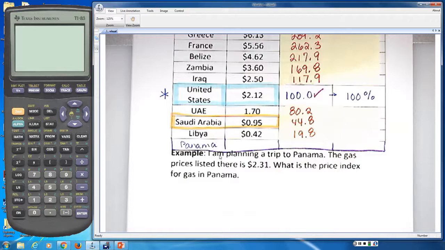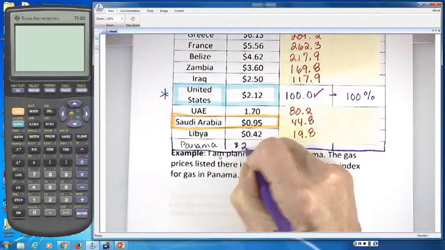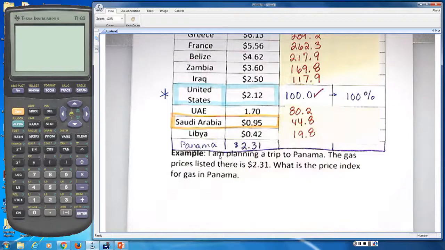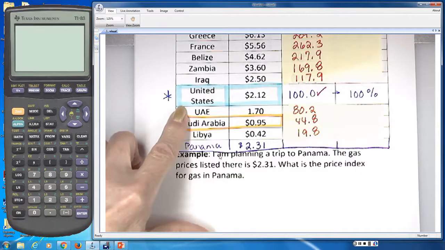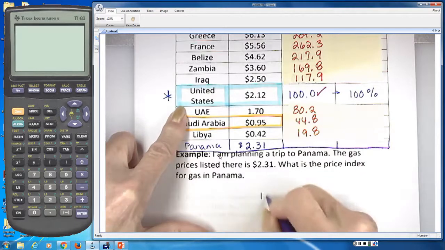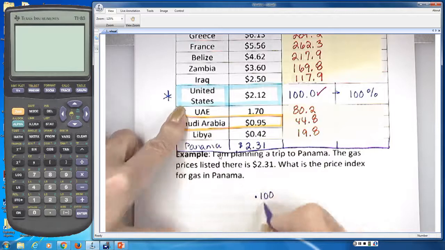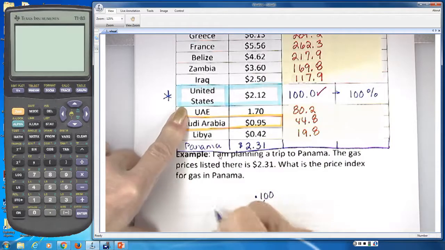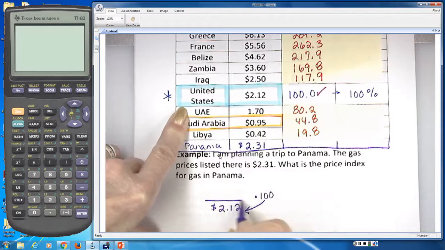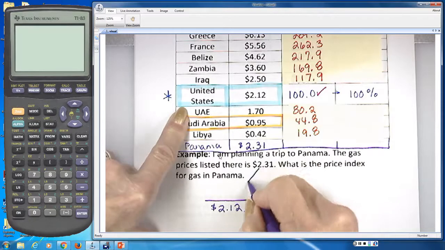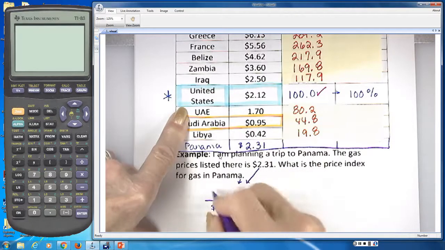So it says their price listed for Panama is $2.31. Okay. We're still comparing them to us. We're still the reference value. So the reference value is the 100, and it's tied to the denominator, which is 212. But Panama's price of gas is $2.31.